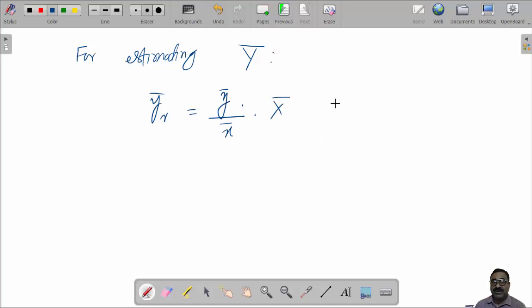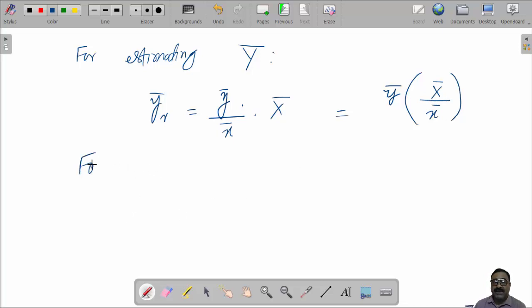Capital X bar is known to us. So that is equal to y bar into X bar by x bar.